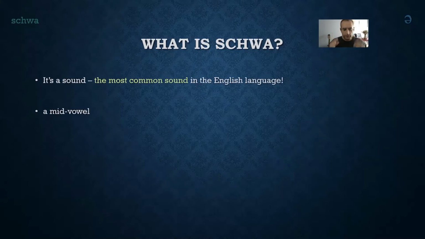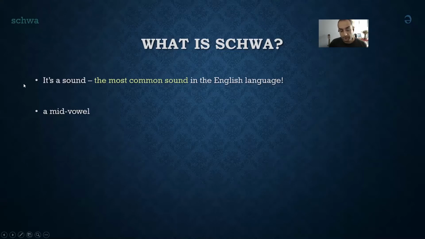I don't know if you were here when we looked at the phonetic alphabet, but we talked about vowels and we also talked about consonants, right? Schwa is a vowel, just like a, e, i, o, u. Now, we're going to practice a lot. Don't worry.